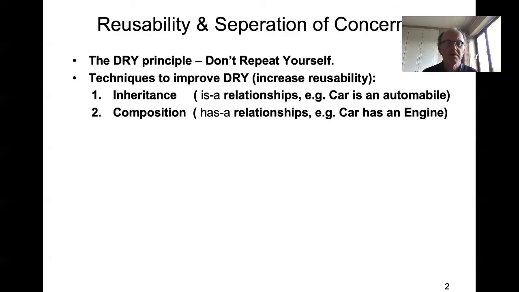Now, in terms of trying to achieve all of these things, greater reusability, better separation of concerns, improved dryness, in general there are two approaches. One is the inheritance approach, and the other is the composition approach.